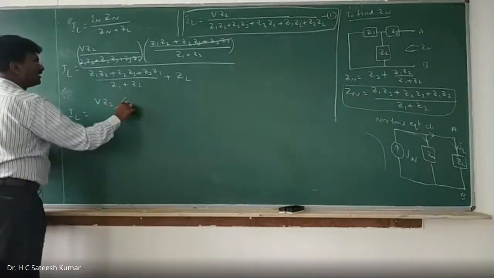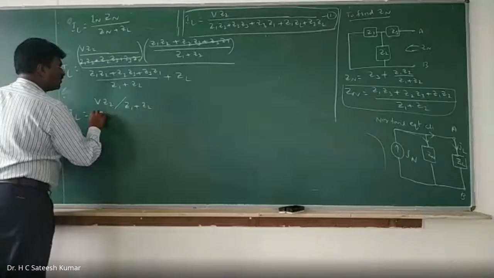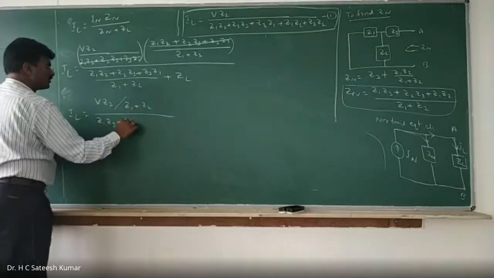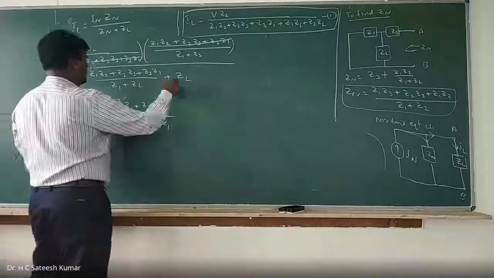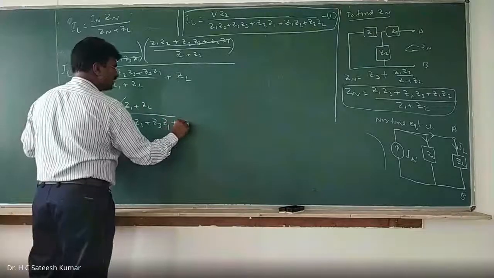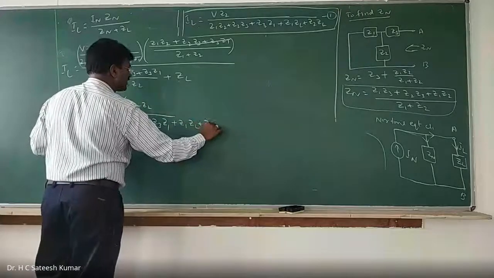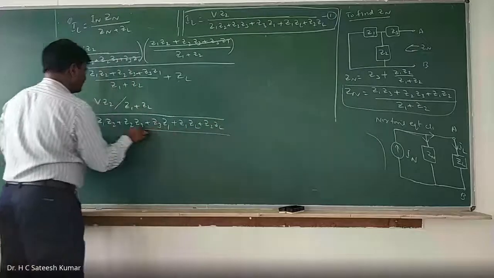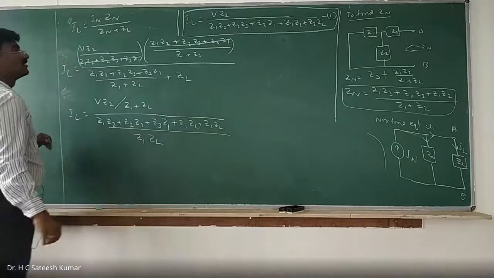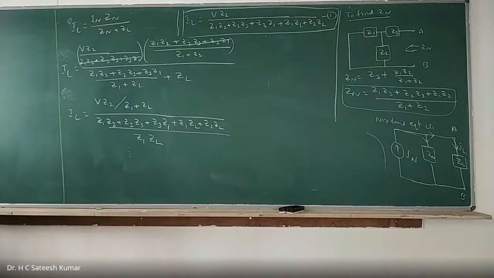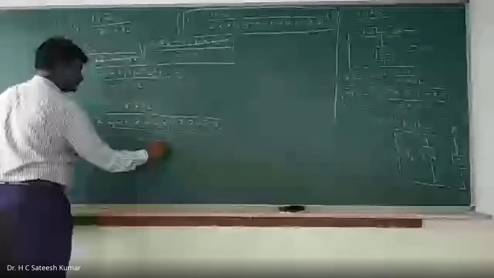VZ2 divided by Z1 plus Z2, whole divided by Z1 Z2 plus Z2 Z3 plus Z3 Z1 plus, take the LCM, Z1 ZL plus Z2 ZL whole divided by Z1 plus Z2.